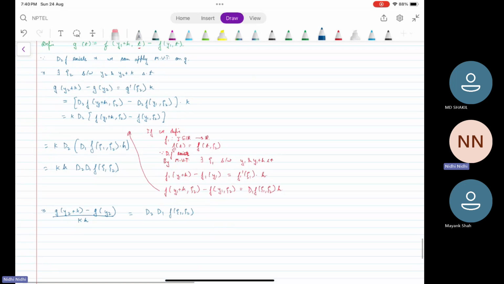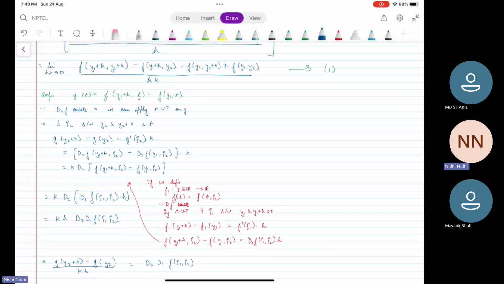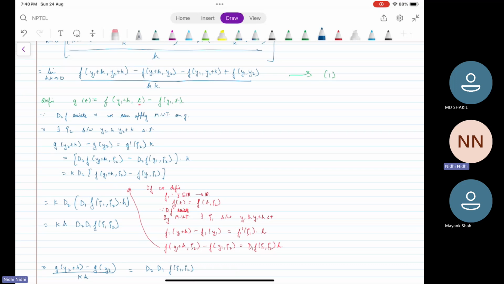Now, you can see that g(y2+k) − g(y2) gives the numerator of equation 1.